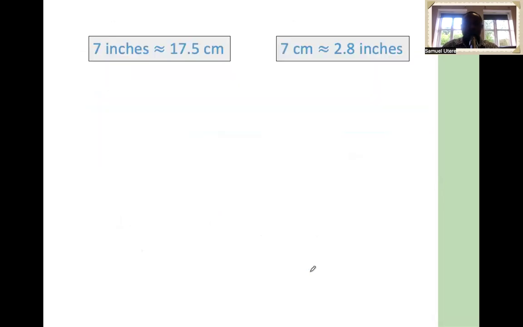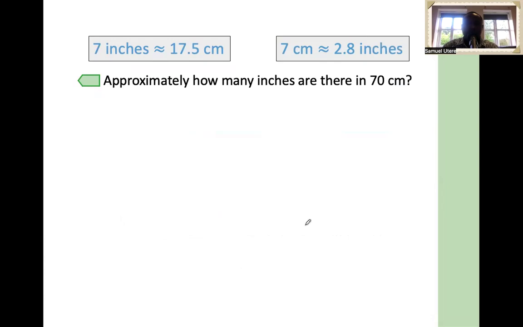Now, let's look at these two facts that we have just deduced from the conversion graph and use them to answer some questions. Approximately how many inches are there in 70 centimeters? Now, take note of what is mentioned here and the fact we need to pick out first. So we can see that 70 centimeters is mentioned. So centimeter is mentioned first.